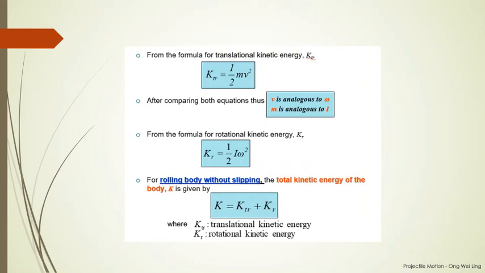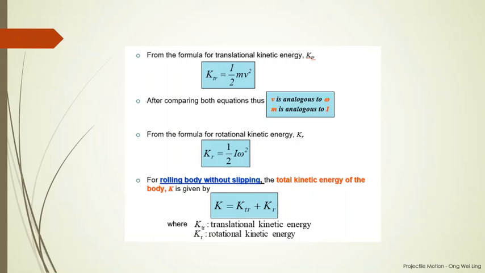From the formula for translational kinetic energy, KTR equals half mv squared. By comparing both equations, v is analogous to omega, whereas m is analogous to I. From the formula for rotational kinetic energy, Kr equals half I omega squared.